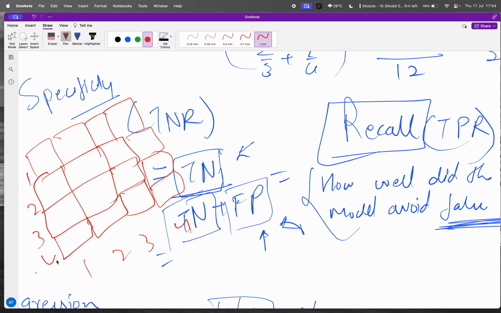If it was 1 and it predicted 1, that is a true positive, and the rest become false. But if it was not 1 and it predicted 2, 3, or 4, then it becomes a false positive.